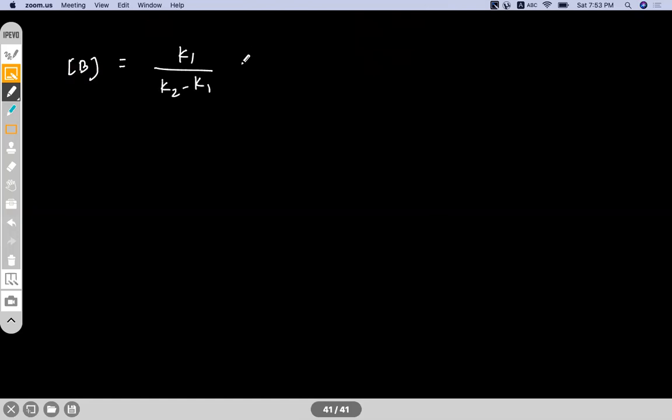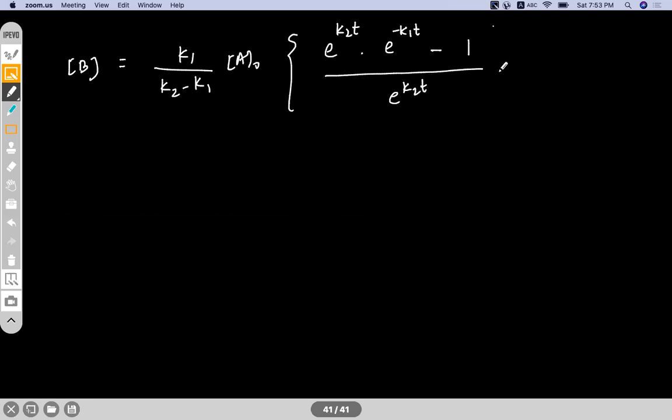You see, concentration of B is equal to K1 by K2 minus K1 into A0. And inside the bracket, we have e to the power K2T into e to the power minus K1T minus 1, divided by e to the power K2T, bracket close.